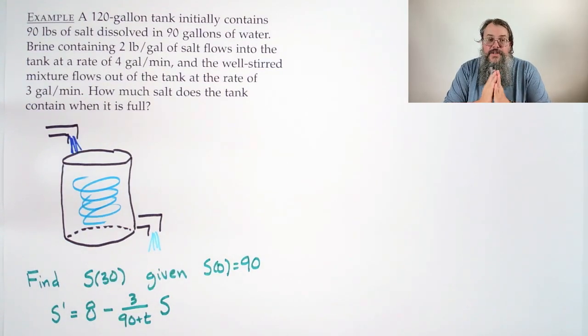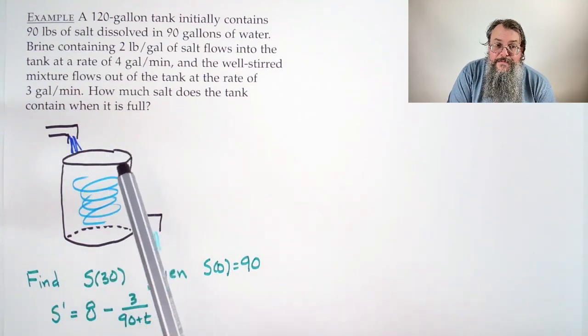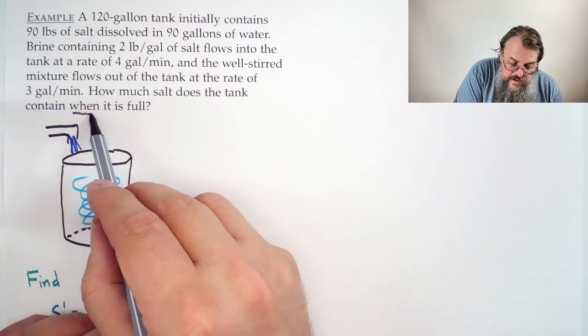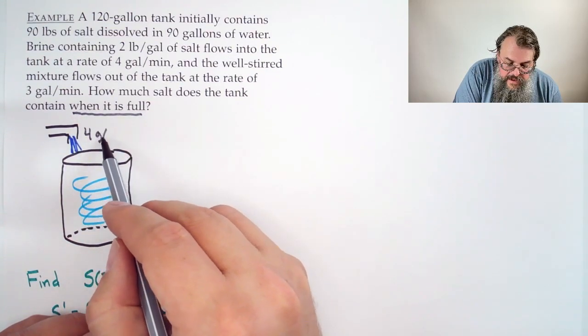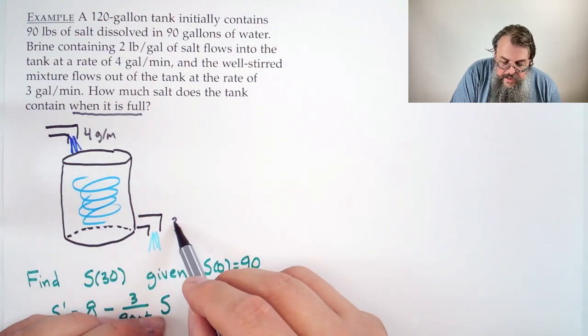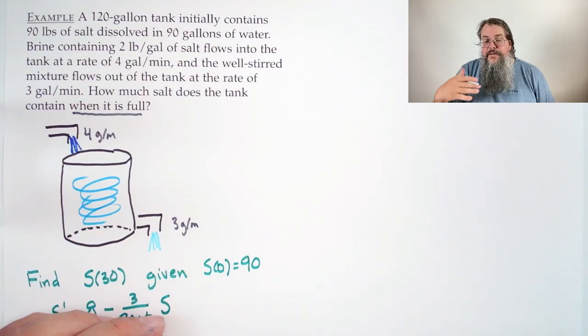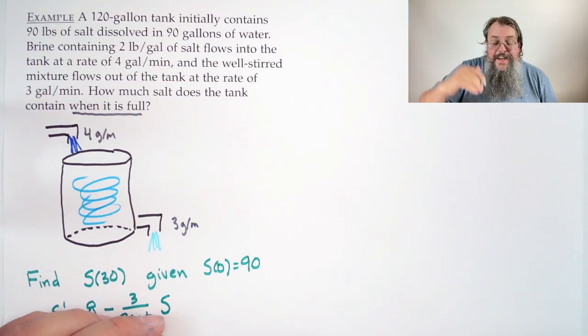All right, so what's the question? How much salt does the tank contain when it is full? Now, you can work it out. Because you have 4 gallons per minute coming in and 3 gallons per minute going out, lo and behold, the amount of fluid is 90 plus t, because every minute you gain 1 gallon.